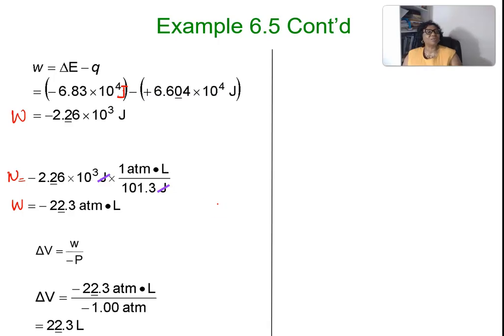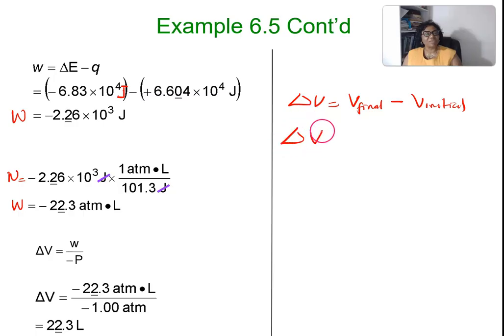And we know change in volume is final volume minus initial volume. So delta V equals volume final minus volume initial.